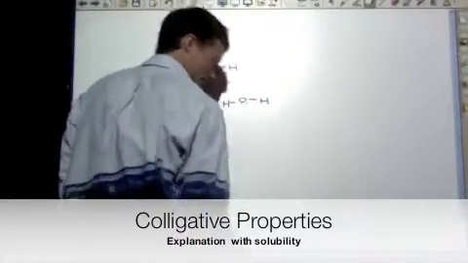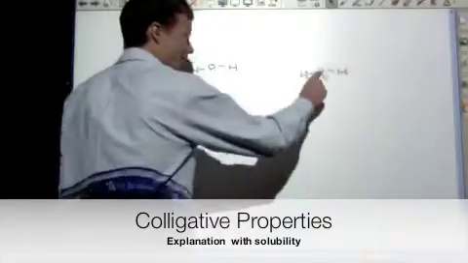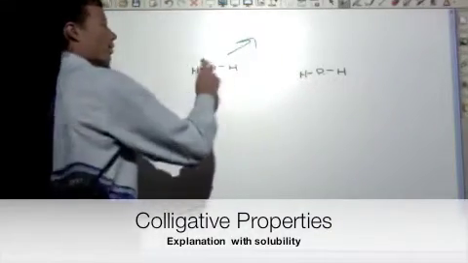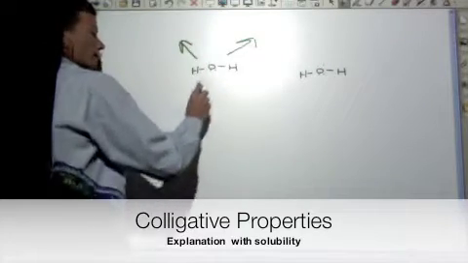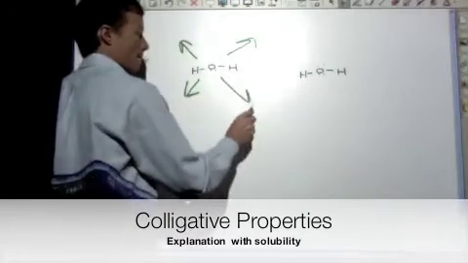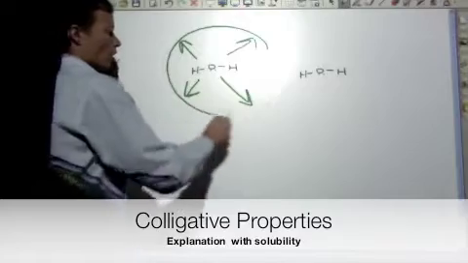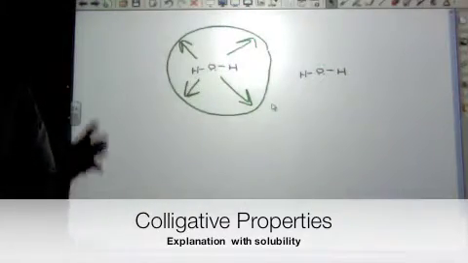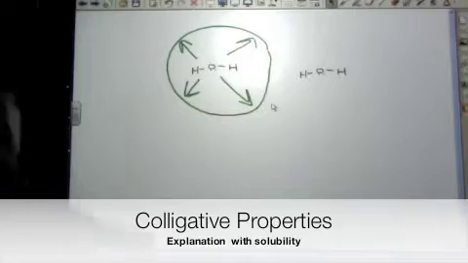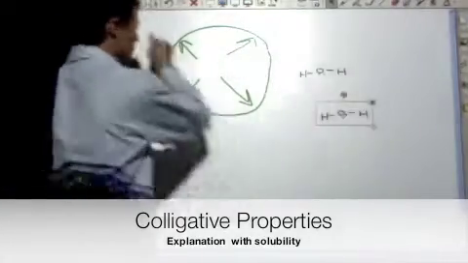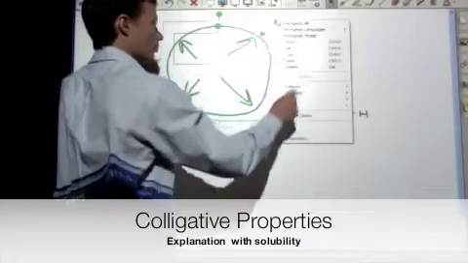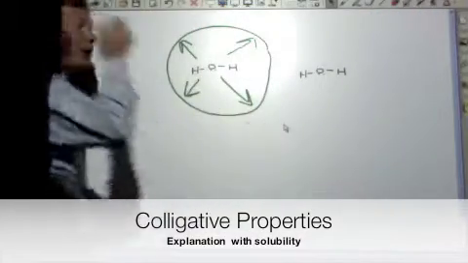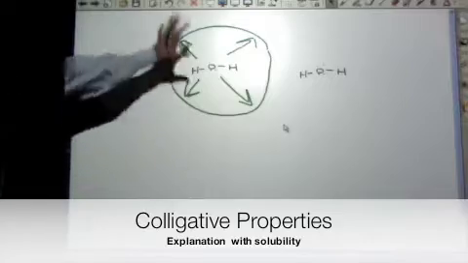Get rid of that. So then the way I want to think of these is as if there was an area around this water molecule where it is going to be having these intermolecular forces with other water molecules. Okay, so now if I'm picturing water, I want to picture a bunch of these areas.